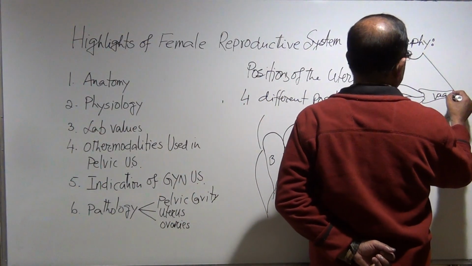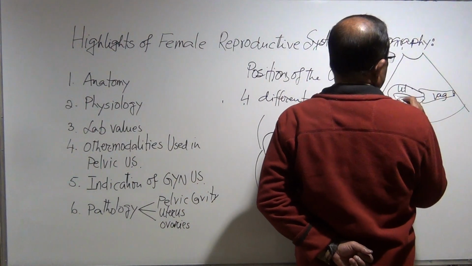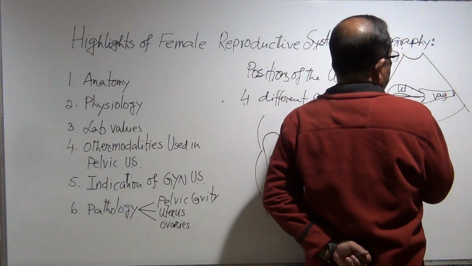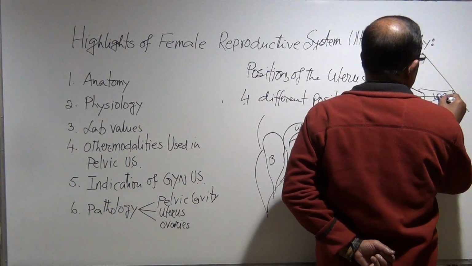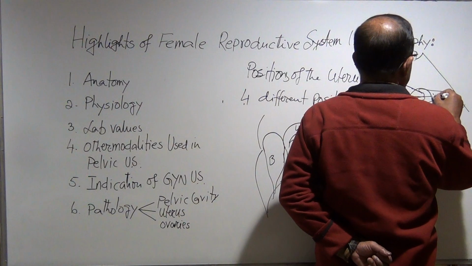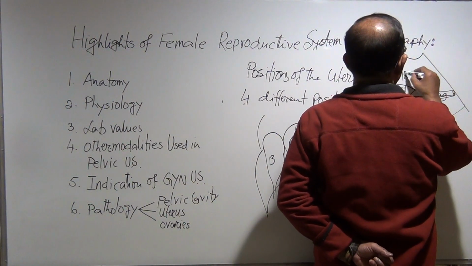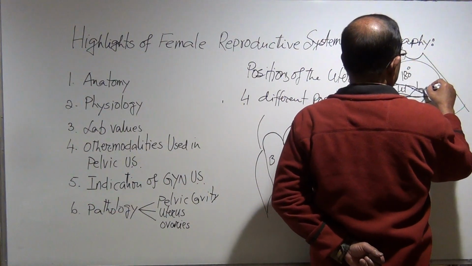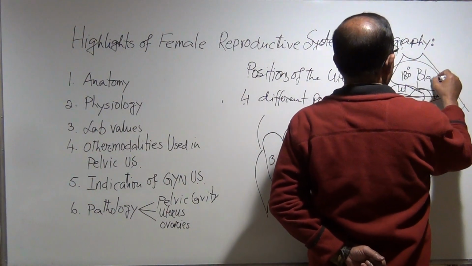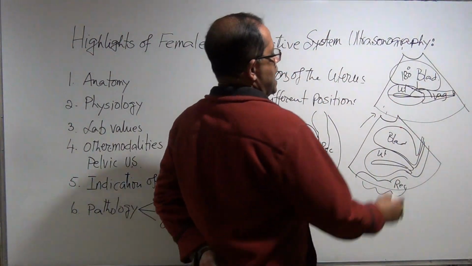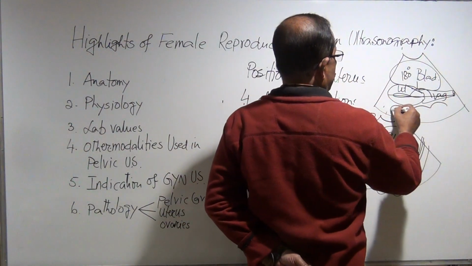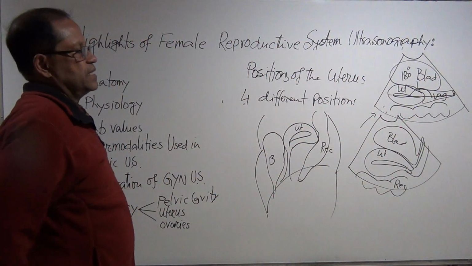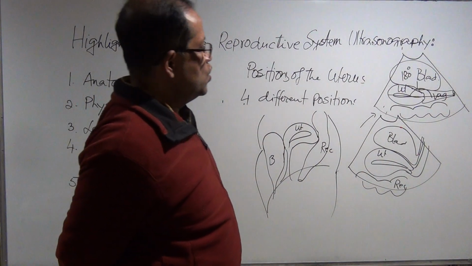So this is vagina and this is uterus. If you draw a line through the uterus and cervix, and a line through the vagina, it cuts at 180 degrees, and the bladder is here. This is bladder, I hope you understood, and the rectum is here. When you see this, then this is retroverted.